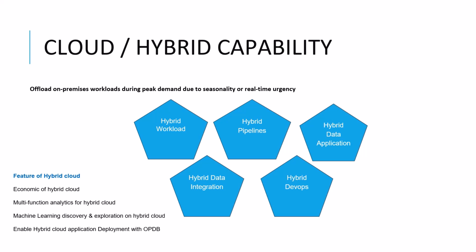Hybrid data integration: specify application development that needs on-premises sources and cloud-native data stores. Hybrid DevOps: accelerate development with dev sandboxes in the cloud, but production runs on premises. Hybrid data application: build once, run anywhere, regardless of cost, performance, data residency, or regional cloud availability.